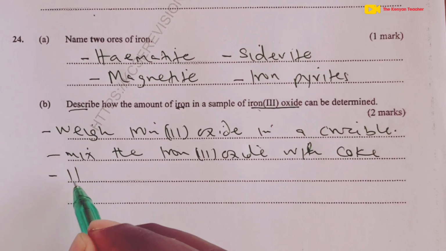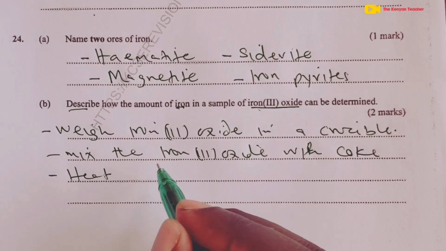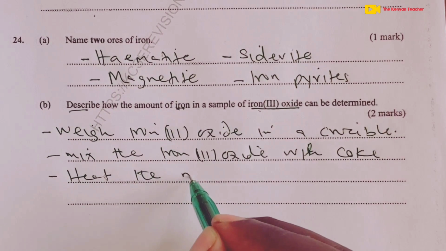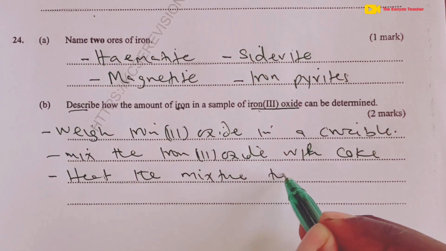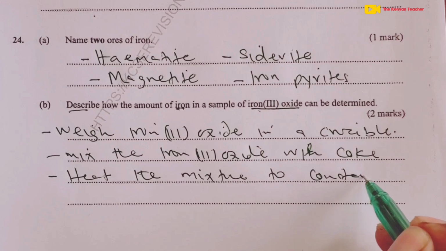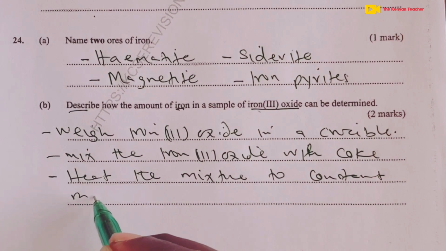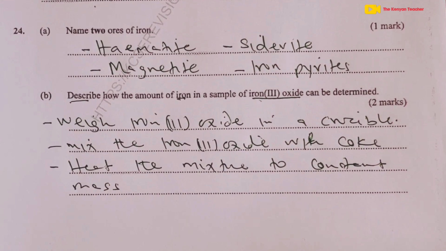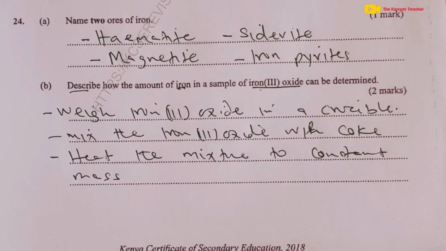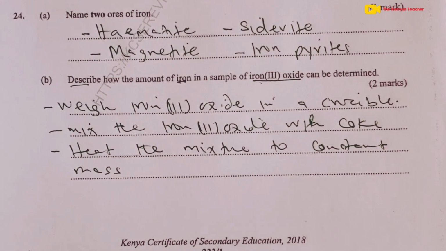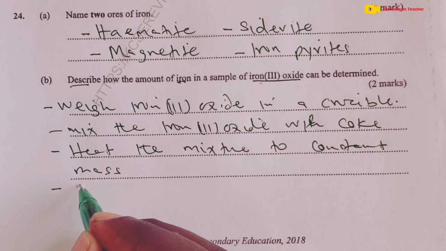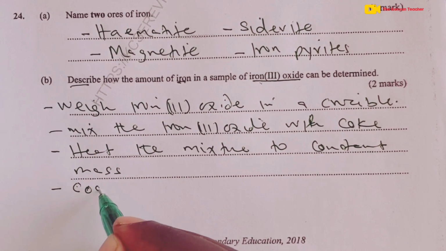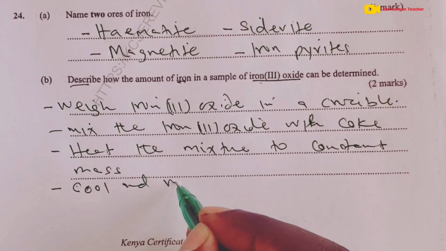From here, we shall heat the mixture of our ore with coke, and we are doing so to a constant mass. Which means we shall be heating, cooling, weighing, and we do so several times until we reach a constant mass.